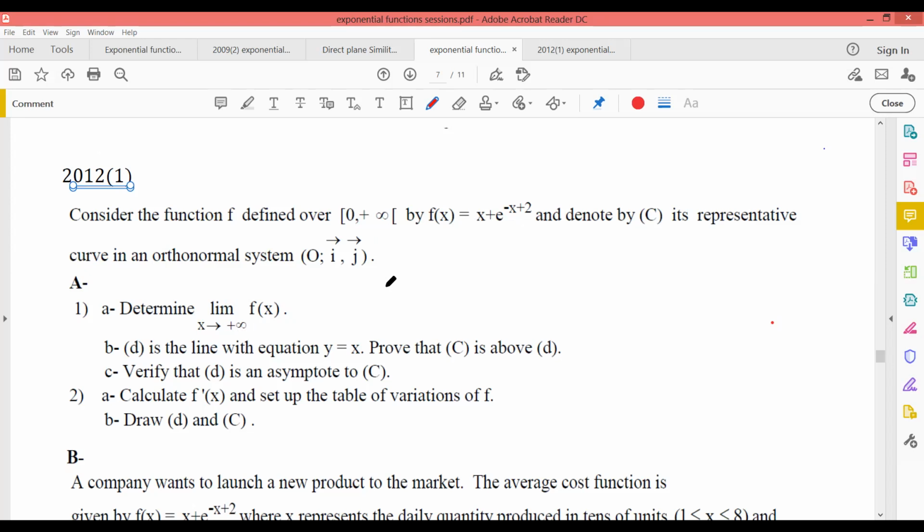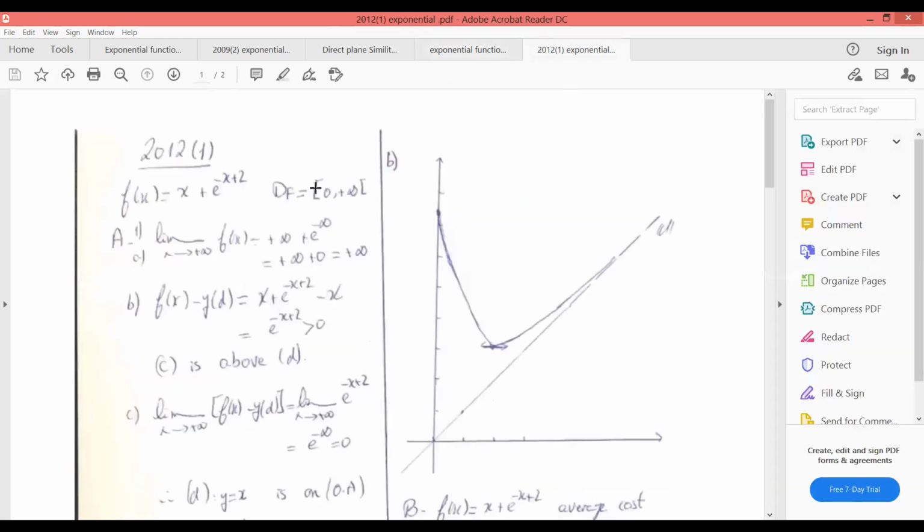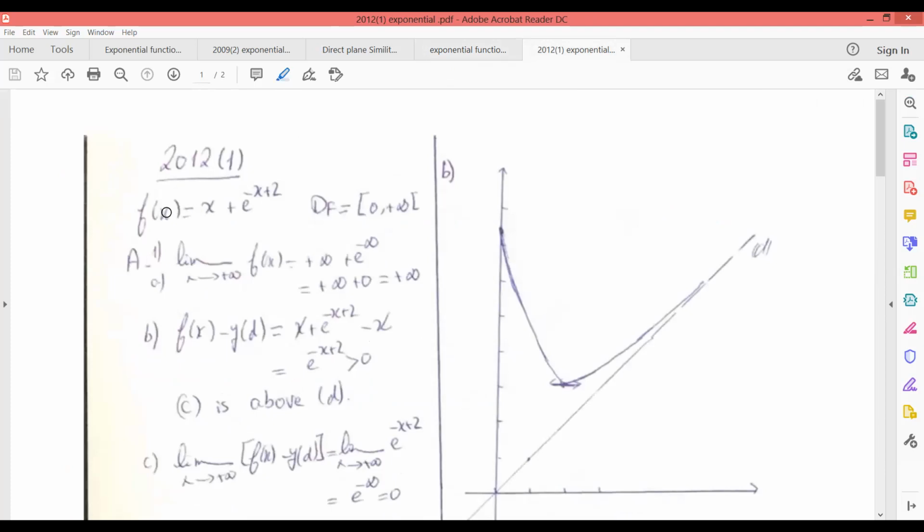Infinity plus zero, we replace. What comes out if we replace? It gives plus infinity. So the limit of f(x) as x tends to plus infinity: this is f(x), we replace each x by plus infinity. So it will be plus infinity plus e to the minus infinity.